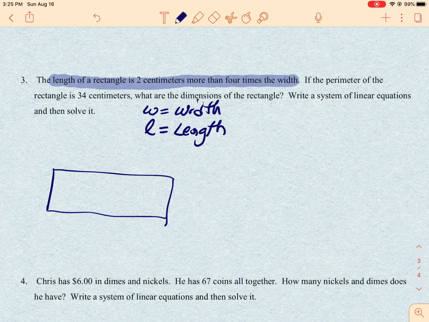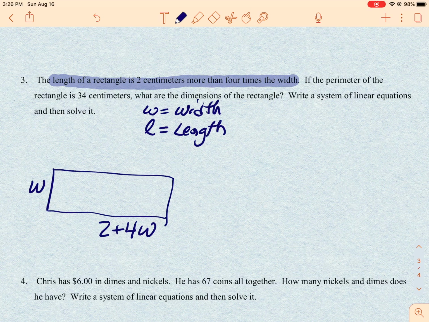So our length here is 2 centimeters more than 4 times the width. So we're thinking two plus 4W. That was weird, that didn't show up. And then we have our width right there.